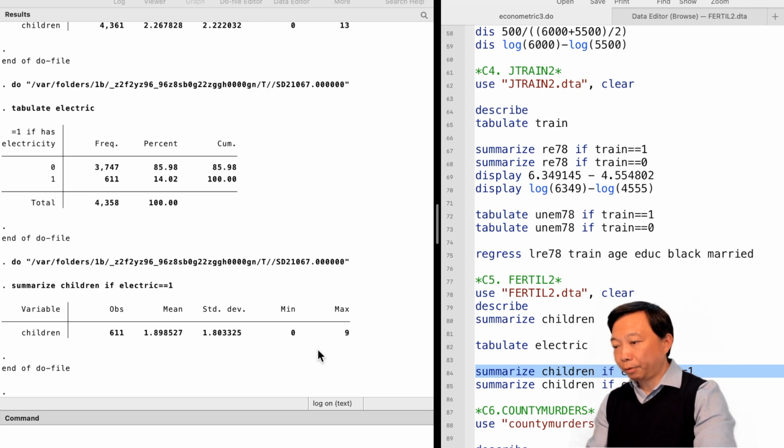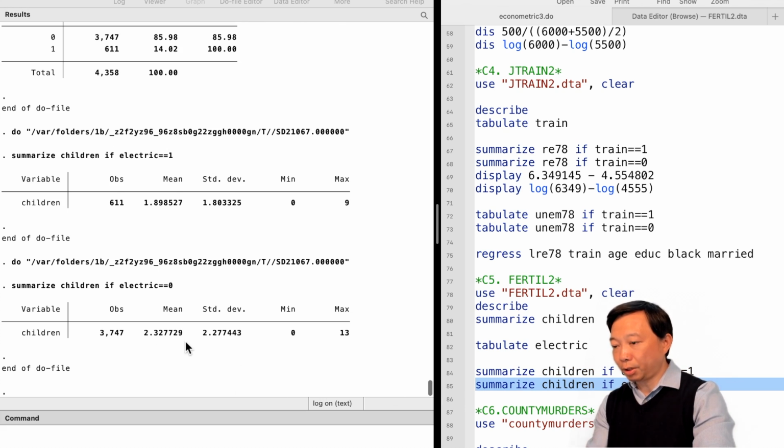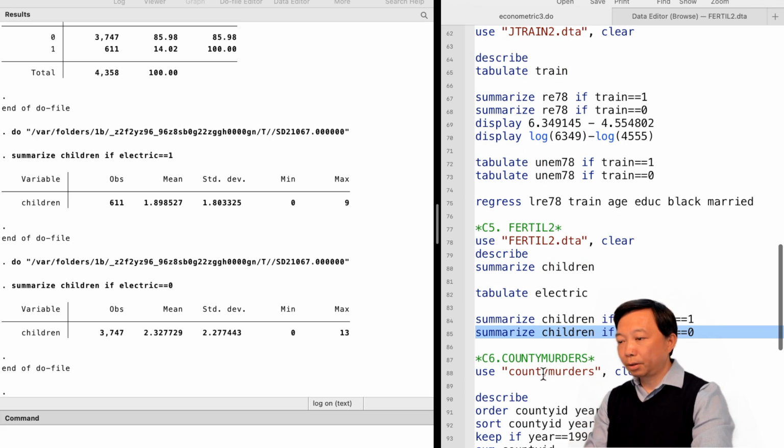For the women with electricity, the average of children is 1.90. The number is 2.33 for women without electricity. We find that the women without electricity have more children than those with electricity on average.